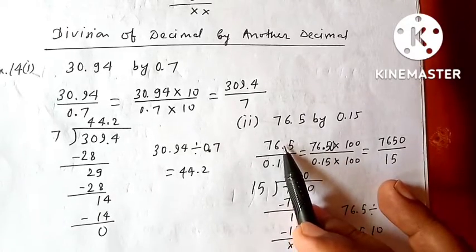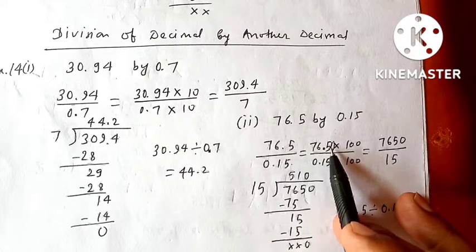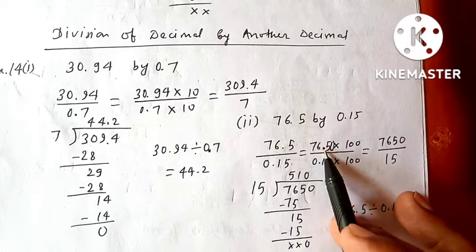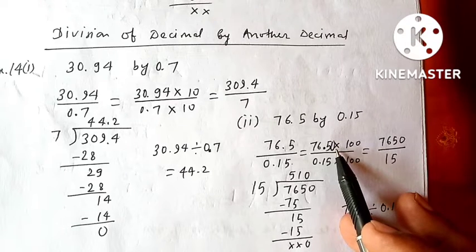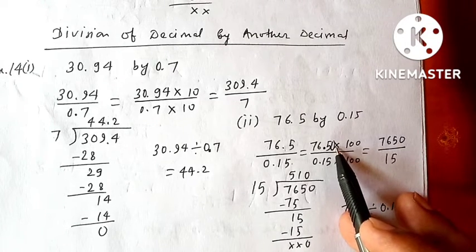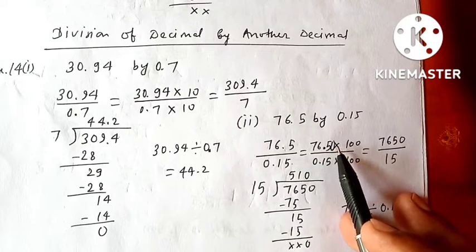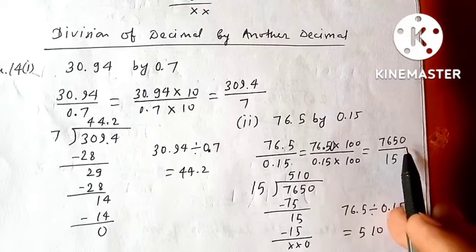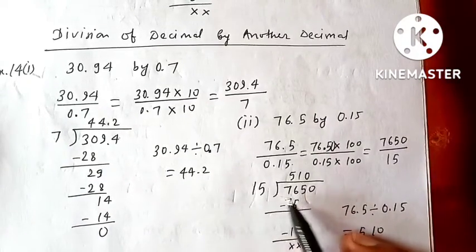But when we multiply 76.5 by 100, the decimal shifts two places right, so we should add a 0. We put 0 after 5 so that we have two places, and the product is 7650. Now divide 7650 by 15.